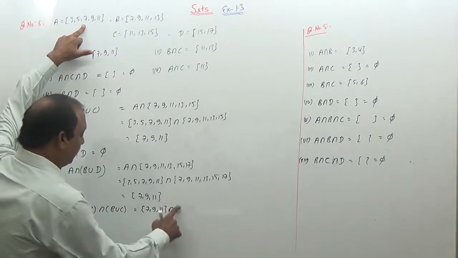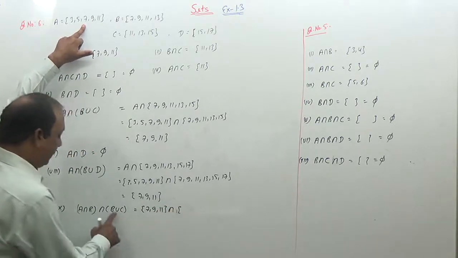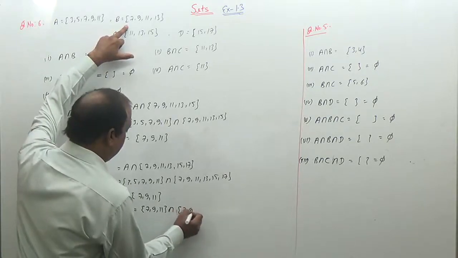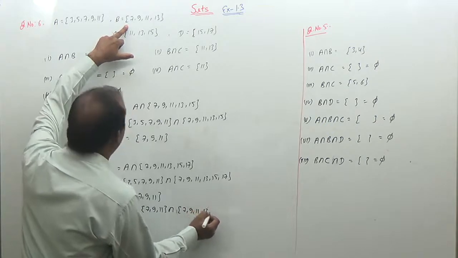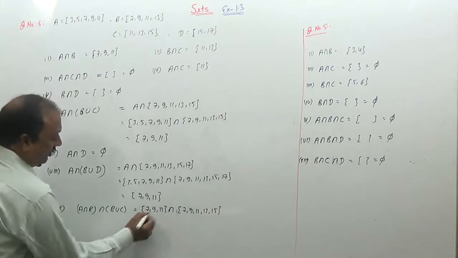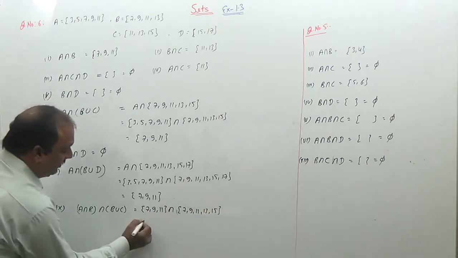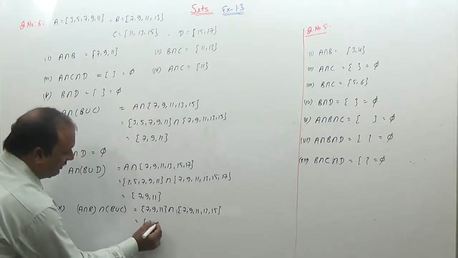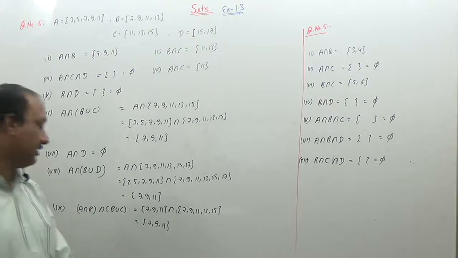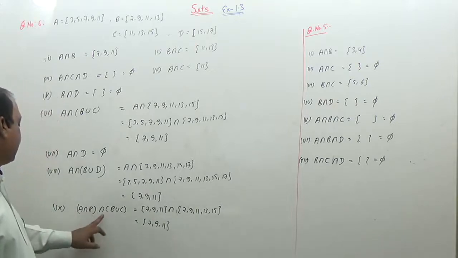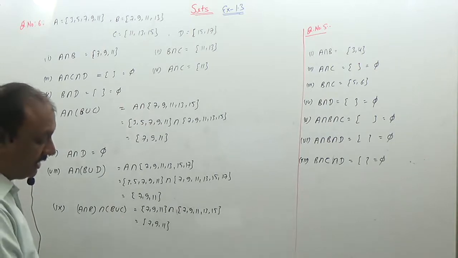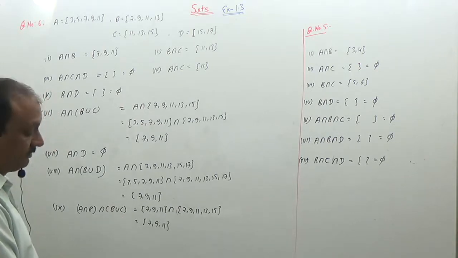And intersection, next is B union C, which contains the elements of B as well as C, 7, 9, 11, 13 and 15. अब इन दोनों का आप इंटरसेक्शन लें तो कॉमन एलिमेंट, so this is the set of elements 7, 9 and 11. So this is the set A intersection B union C. And next part is 10th part.